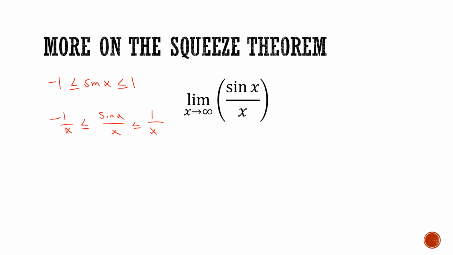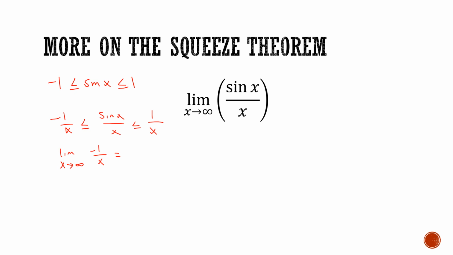All right. If I can figure out the limit of the -1 over x, and if I can figure out the limit of the 1 over x, and if they're the same limit, then that's going to be the answer for the limit I'm looking for. So let's see. The limit as x approaches infinity of -1 over x. Well, again, that's just a rational function flipped over the x-axis.